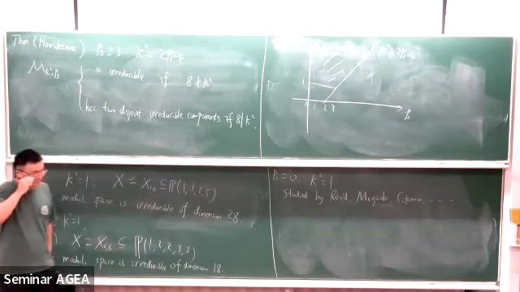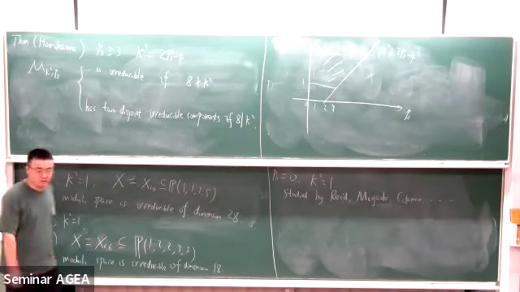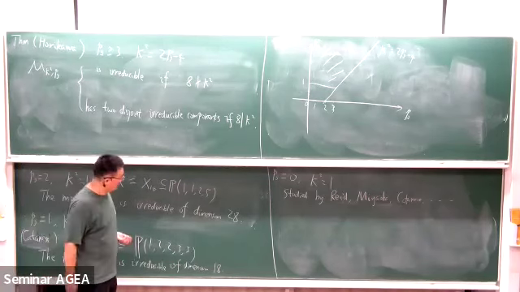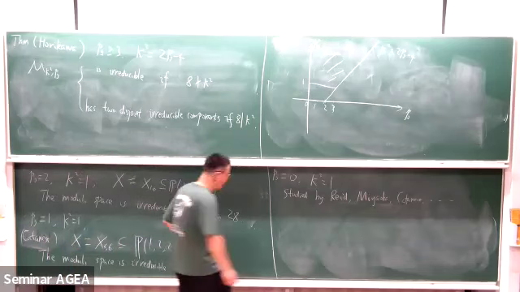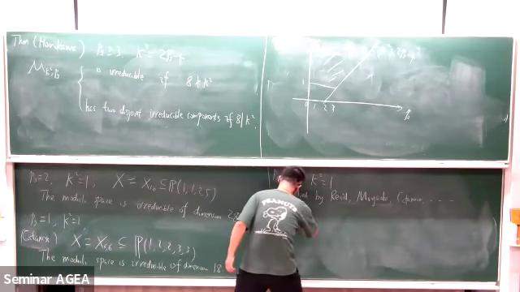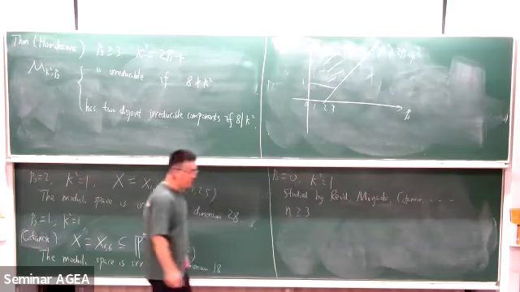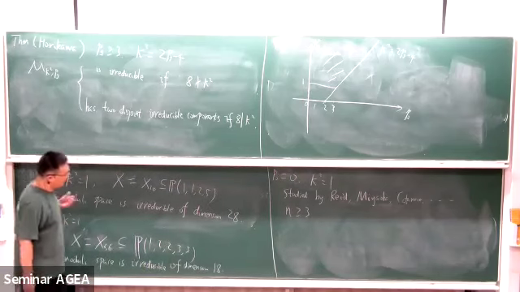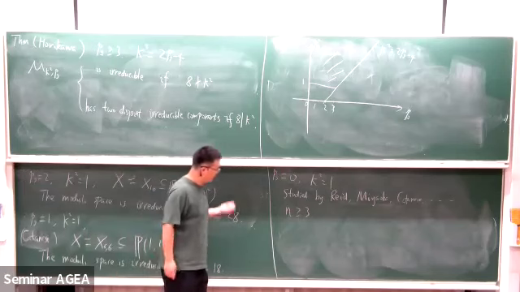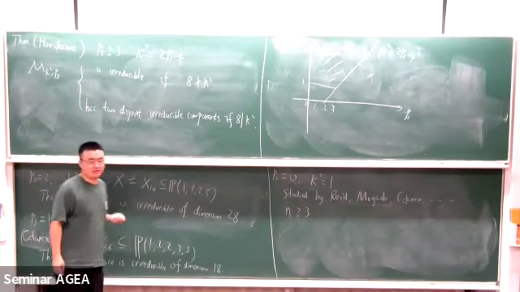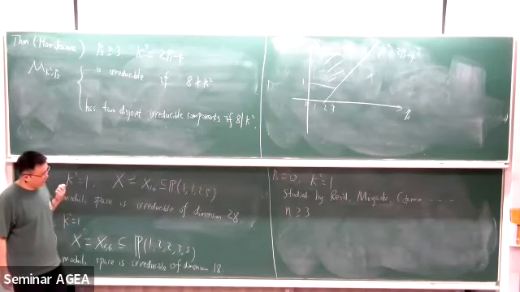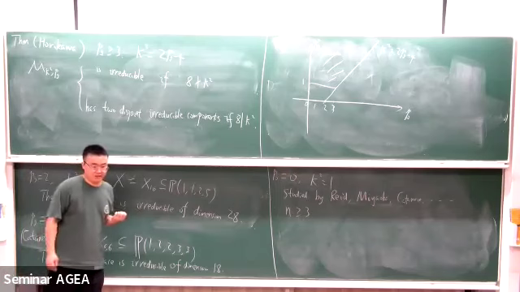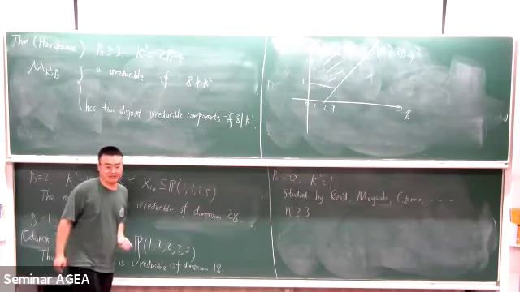Now we are going to varieties of higher dimension. So how about the case when n is larger than or equal to 3? For the high dimensional case, there are several difficulties. The first difficulty is that the canonical volume is no longer an integer.